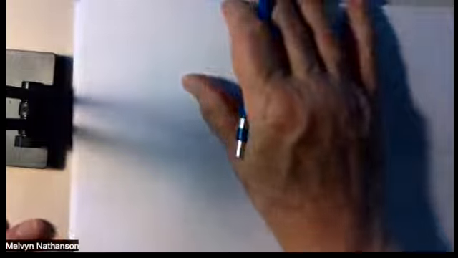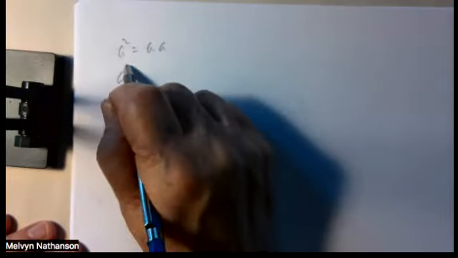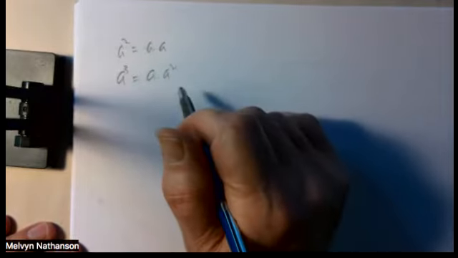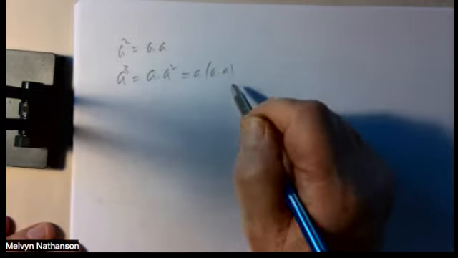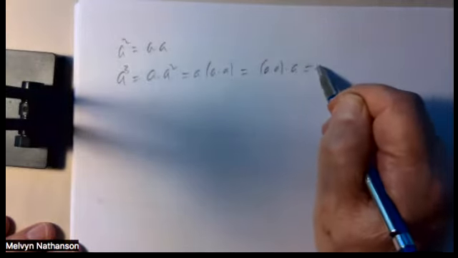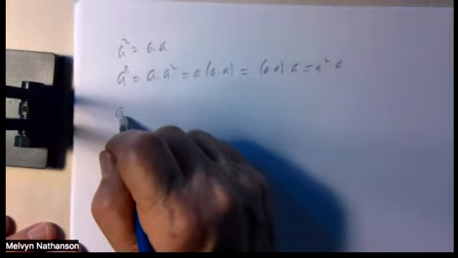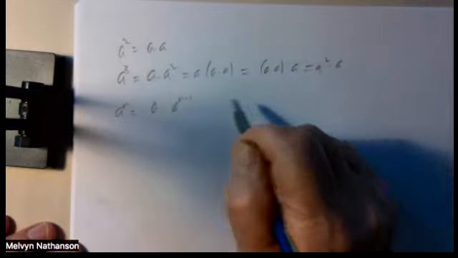In a group, multiplication is a binary operation. So A squared means A times A. We can define A cubed to be A times A squared, which is A times A times A. By associativity, that's also A squared times A. And in general, by induction, you can define A to the n to be A times A to the n minus 1.